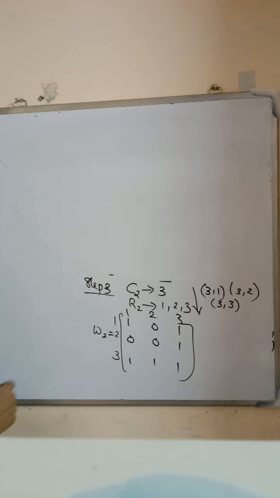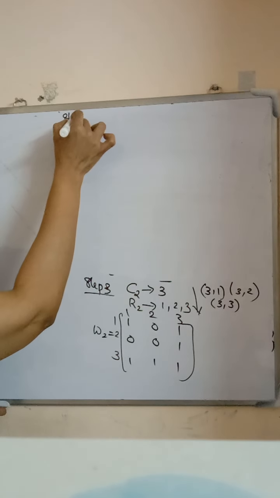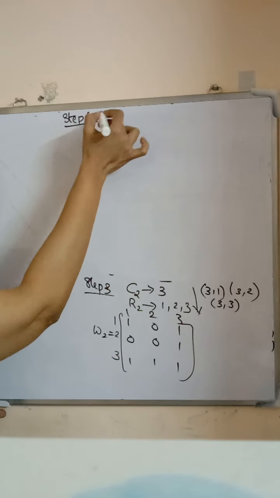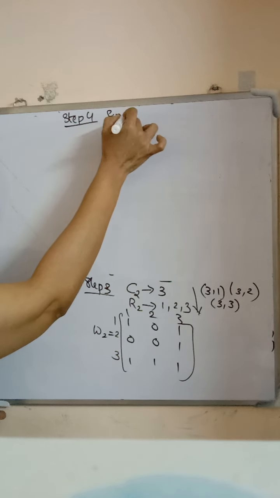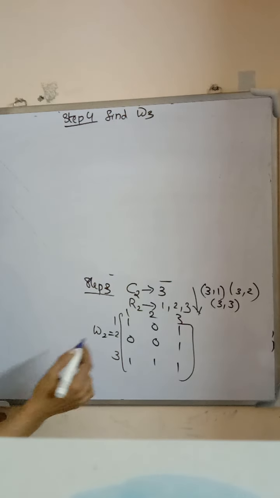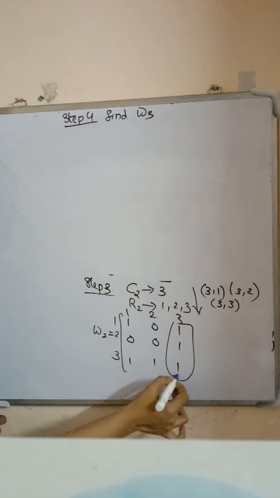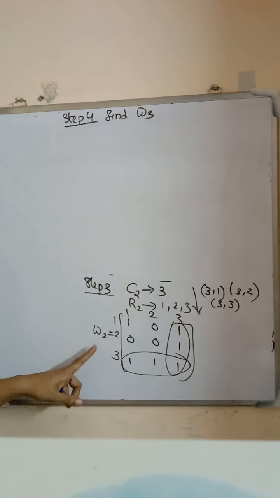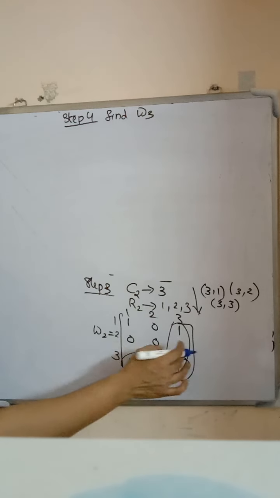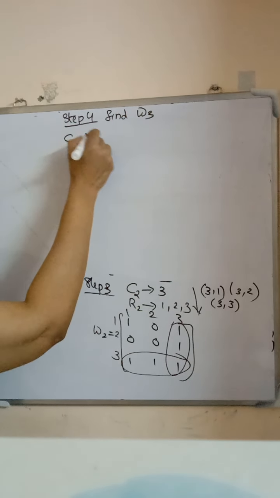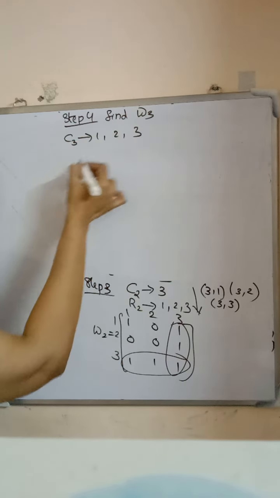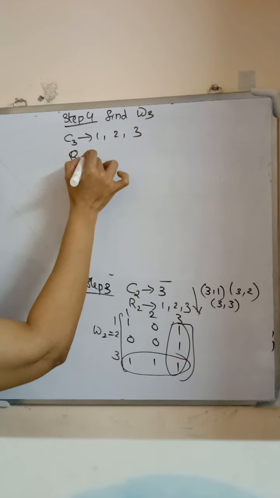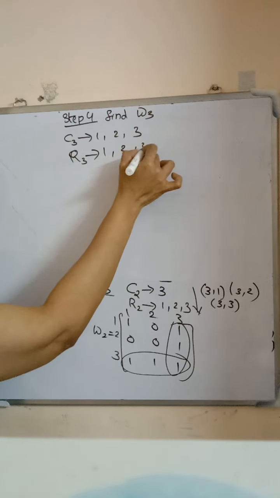Now we construct W3. In step 4, we find W3. For that we choose third column and third row from W2. In third column, the positions of 1 are 1, 2, 3. Also in the third row, positions of 1 are 1, 2, 3.